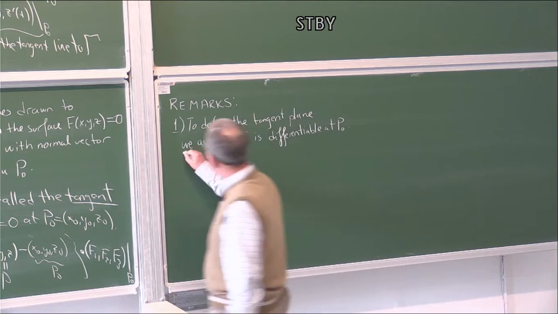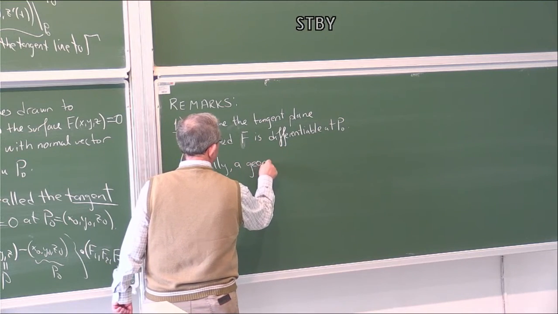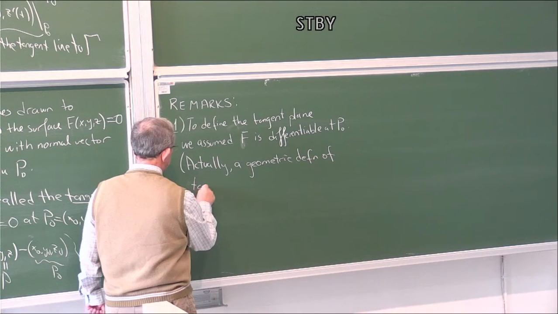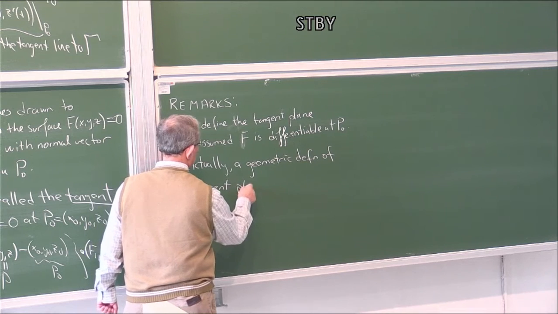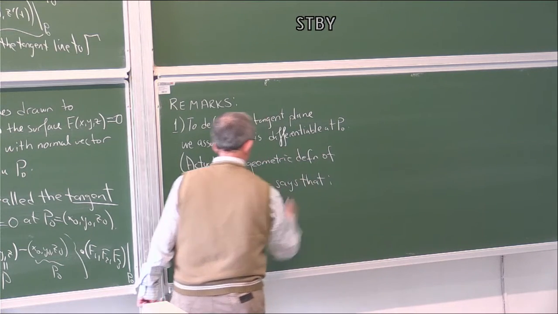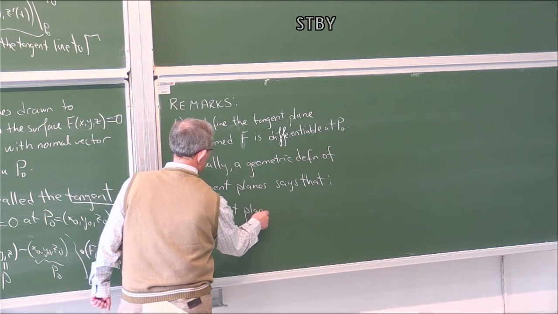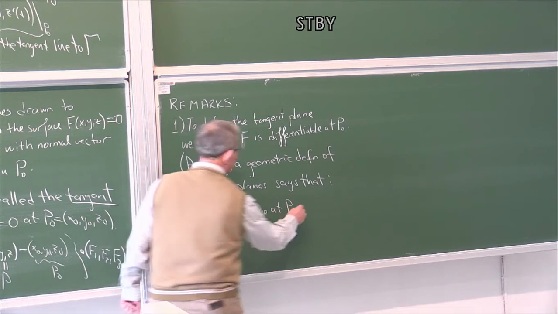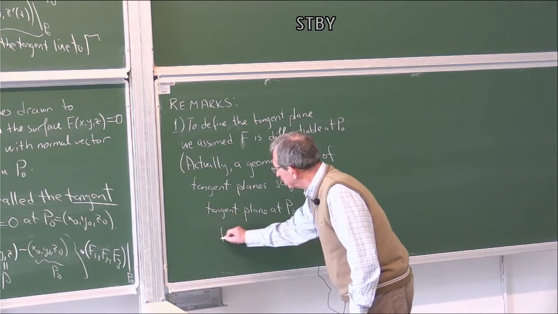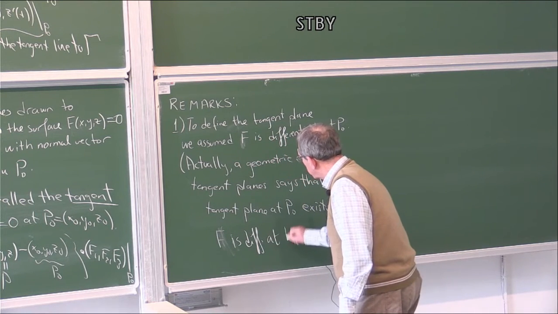Namely, a geometric definition of tangent planes says that a tangent plane at P0 exists if and only if capital F is differentiable at P0.